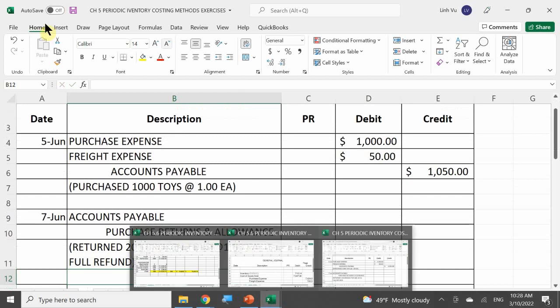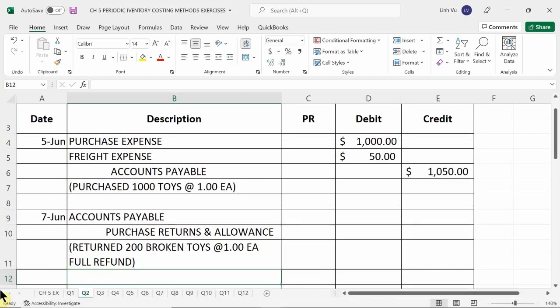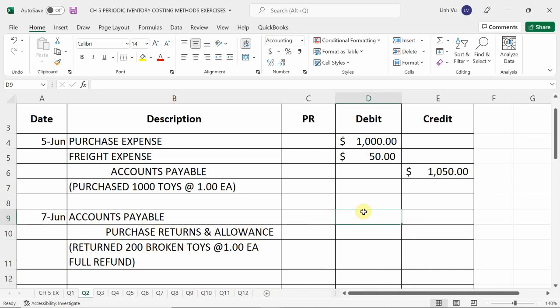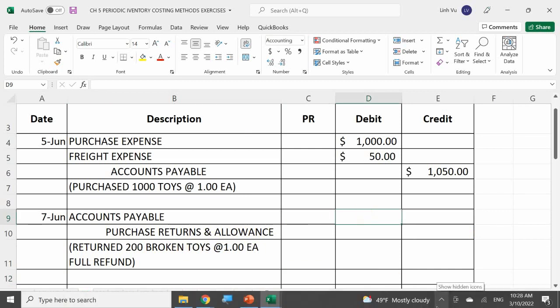Okay, so if I end up returning 200 broken toys for $1 each, then how much is my total refund for? 200. 200, right? 200 times $1 gives you $200.